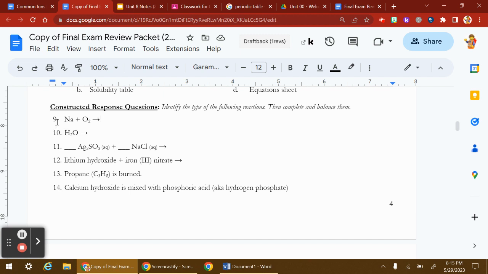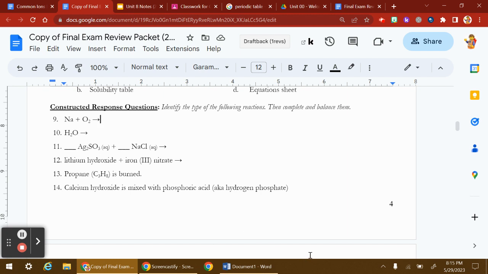And the reason that I'm asking you to do that here is because on the final exam, you will essentially just be doing that for the constructed responses, right? This is a good summation of if you understand the content or not. Can I give you two reactants and you tell me how they combine and write the complete and balanced equation?